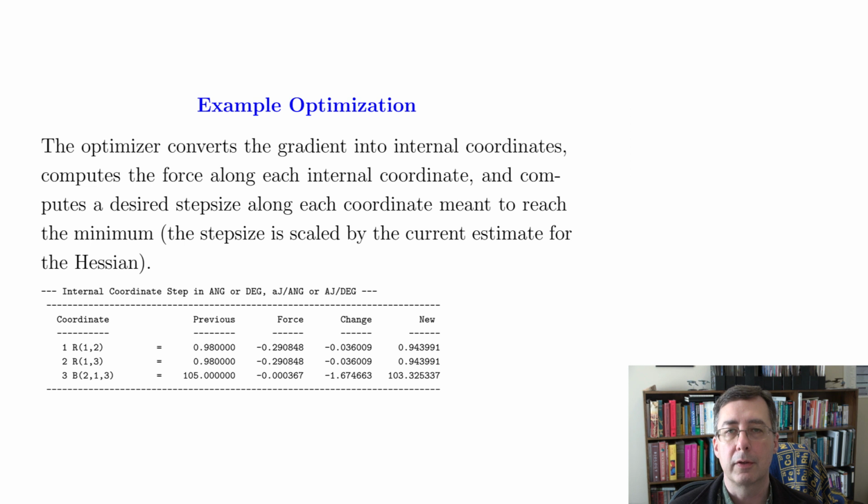Now 103 is actually a smaller angle than the true angle, and it may be overstepping, but also remember we're doing this at an approximate level of theory, Hartree-Fock with a cc-pVDZ basis, and so the right answer at that level of theory might actually underestimate the true bond length by a little bit.